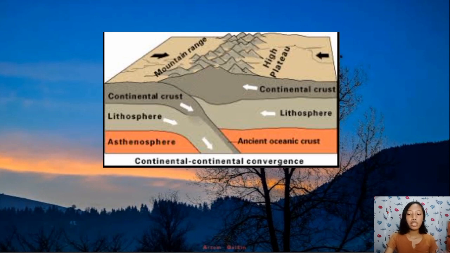There will be no subduction, no volcano, and definitely no island arc created. Instead, what is created is a mountain. So, walay subduction nga mahitabo between sa continental and continental convergence because both are almost the same density.